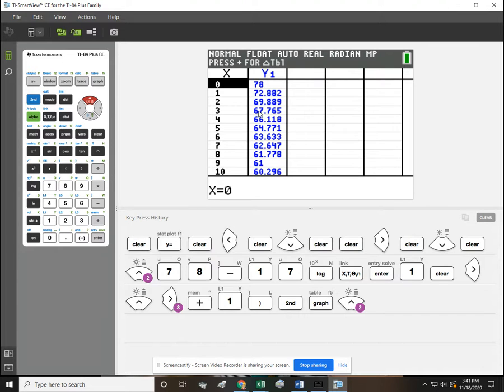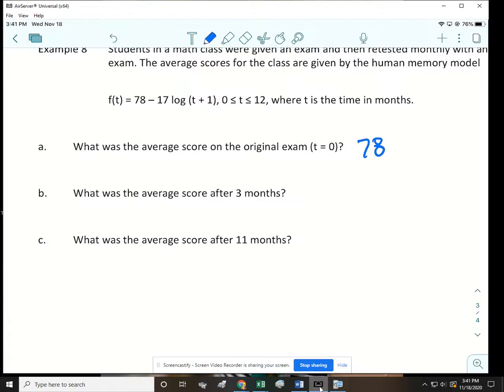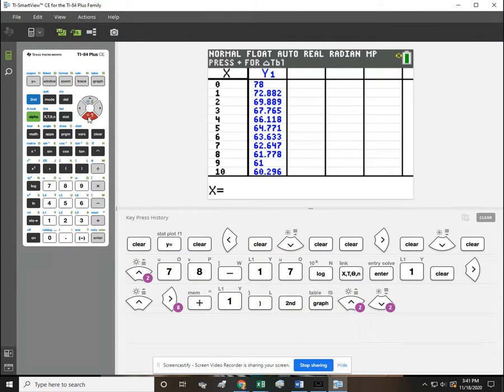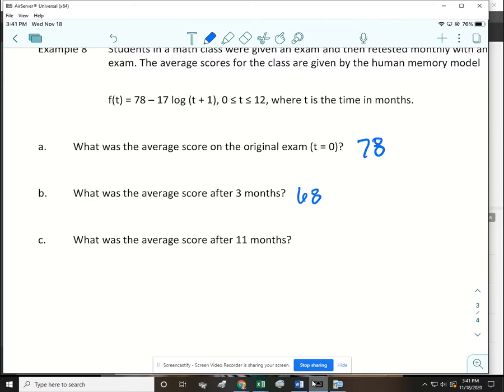When t is 3, it's 67.765, or we'll just say 68. And then after 11 months, it looks like it's about 60. All right. So that's an application of logarithms, using the human memory model.